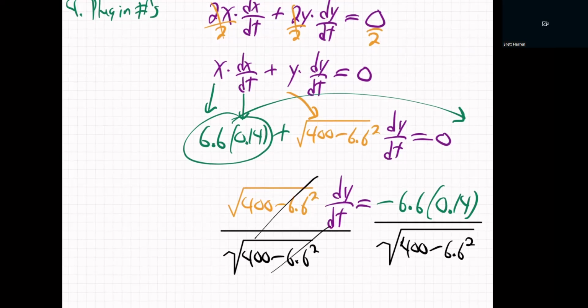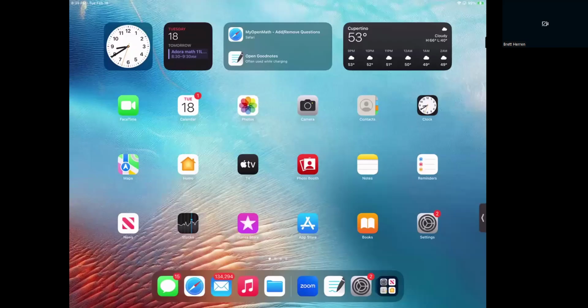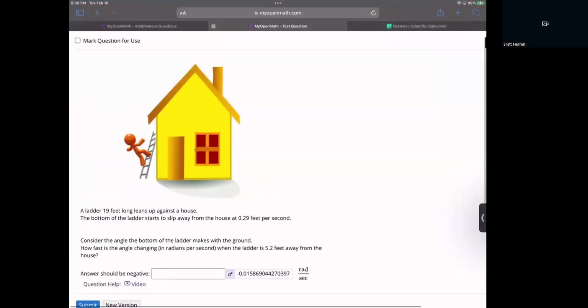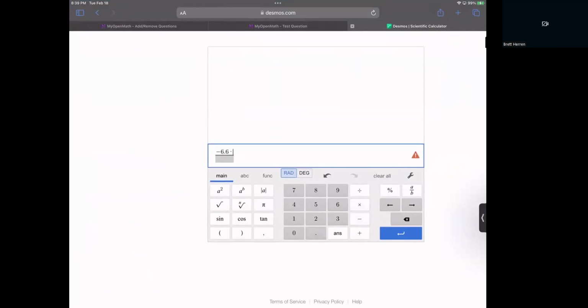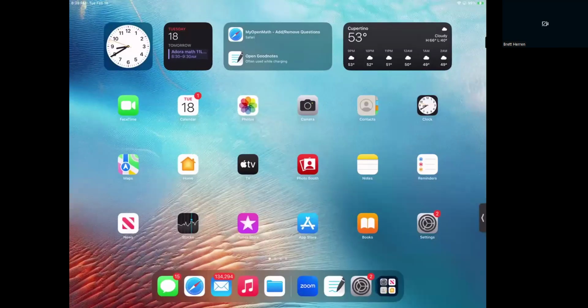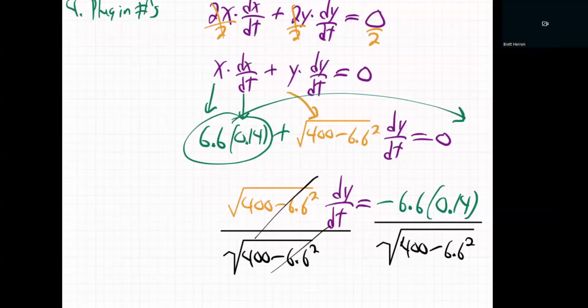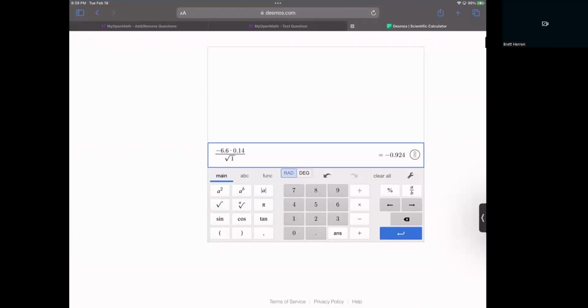So there's dy/dt. Let's hit the buttons on the Desmos. It's minus 6.6 times 0.14 over the square root of 400 minus 6.6 squared, equals. There it is, negative 0.0489.